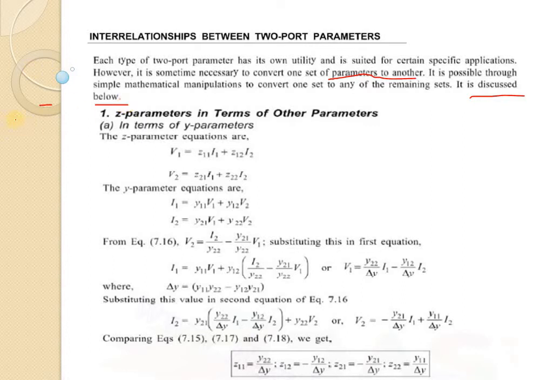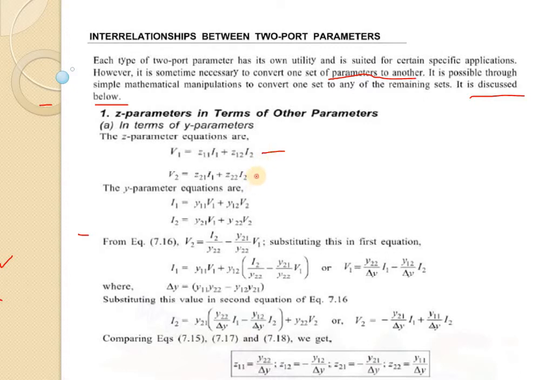So, Z parameter in terms of Y parameter. We know that the Z parameter equations are V1 equals Z11 I1 plus Z12 I2. This is the first equation for Z parameters.